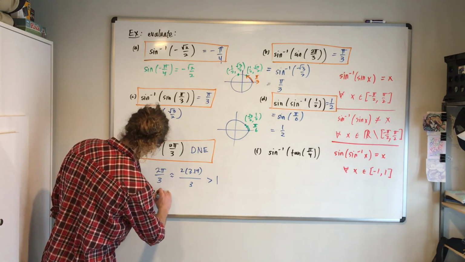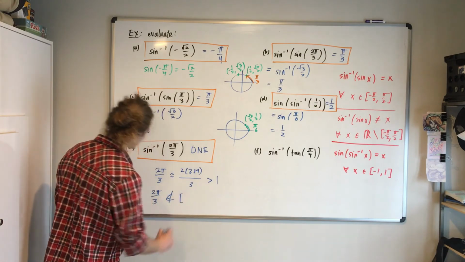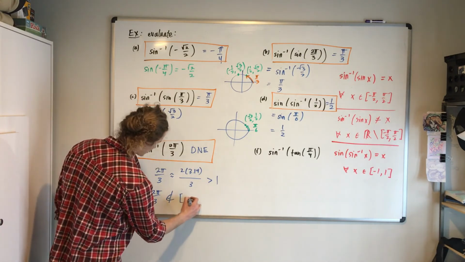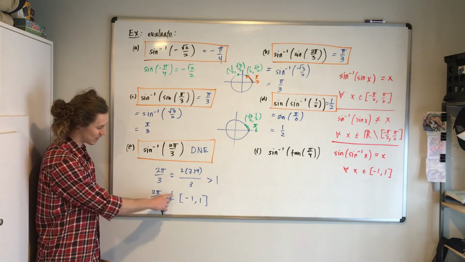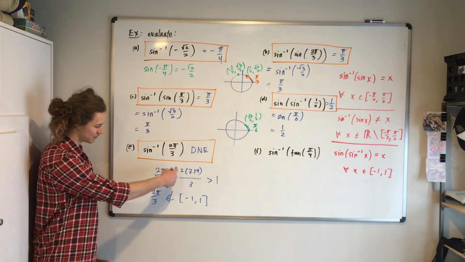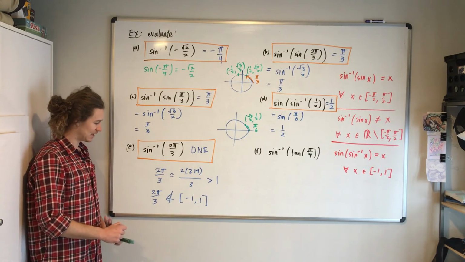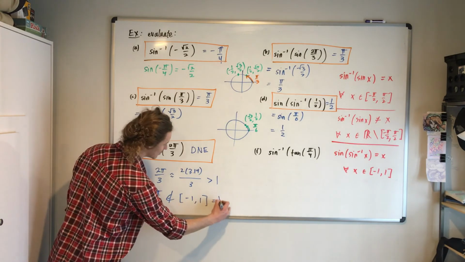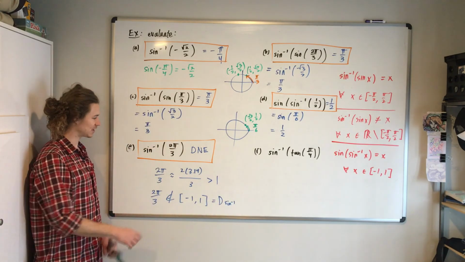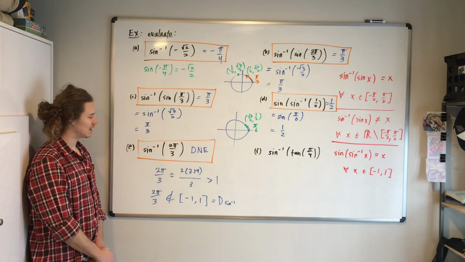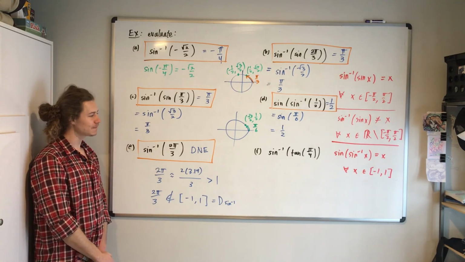So note that 2 pi thirds does not belong to the domain of inverse sine, which is numbers between -1 and 1. Again, we have our epsilon for belongs to crossed out to say does not belong to. And therefore this is the domain of the inverse sine, and so this expression does not exist because 2 pi thirds is outside the domain of inverse sine.